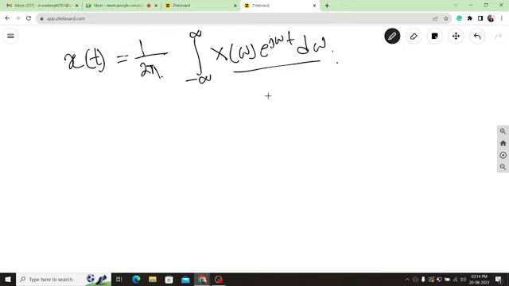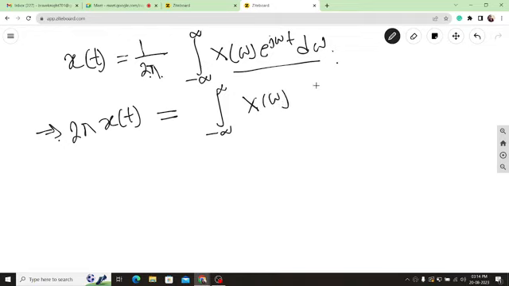For the sake of clarity and simplification, just keep this: 2 pi x of t is the integral from minus infinity to infinity of x of omega e to the power j omega t d omega.